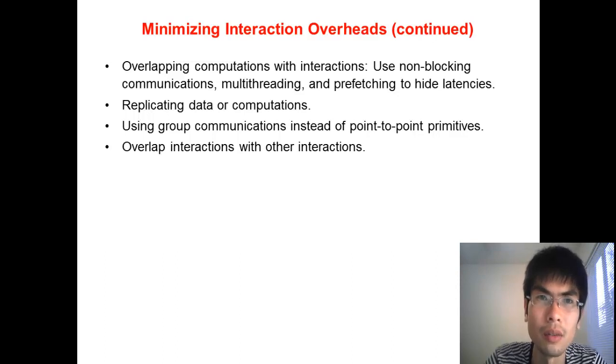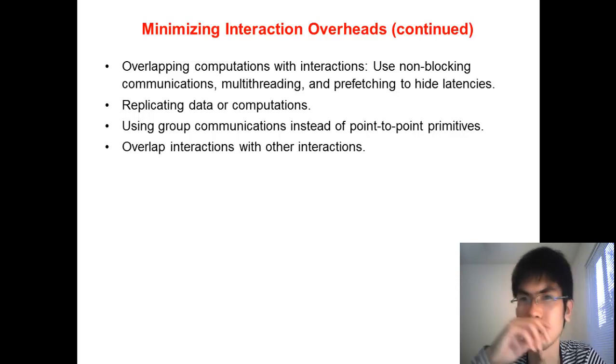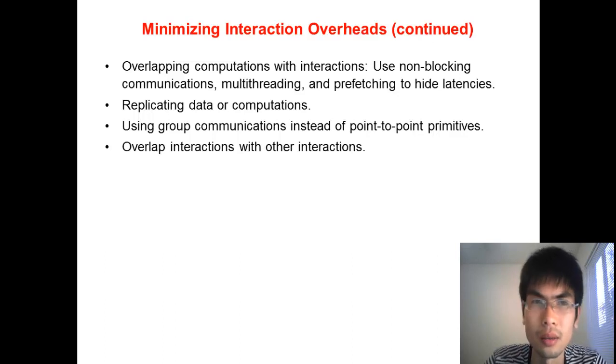And here we can overlap communications with interactions: use non-blocking communications, multi-threading, and prefetching to hide latencies. We can replicate data or computations and use group communications instead of point-to-point primitives. Overlap interaction with other interactions. These are some methods we can use to minimize interaction overheads.